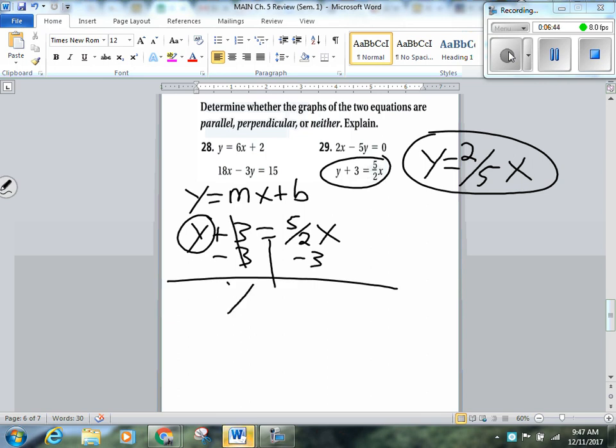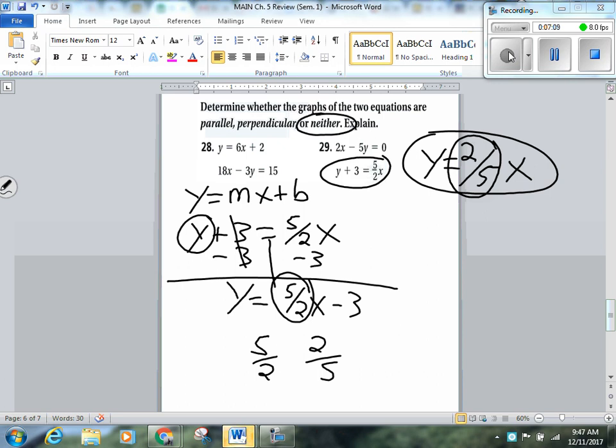That cancels, and I get y equals 5 over 2x minus 3. The slope in this equation is 5 over 2. The slope in this equation is 2 over 5. So if I look at those two slopes, it is a reciprocal, but it's not a negative reciprocal. So this one is neither.